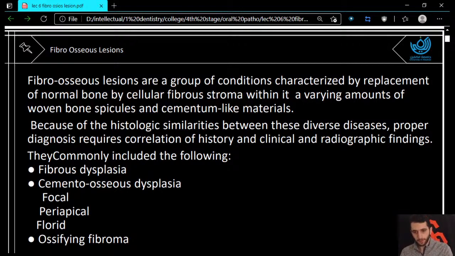We'll be studying dentistry for about 2 years, till we finish the lecture for today, which is called fibroosseous lesions. We'll start talking about fibroosseous lesions, and anyone can interact with this lecture as they wish.